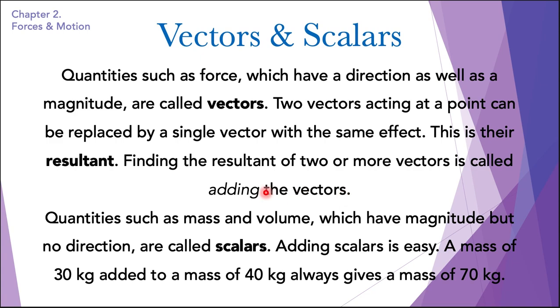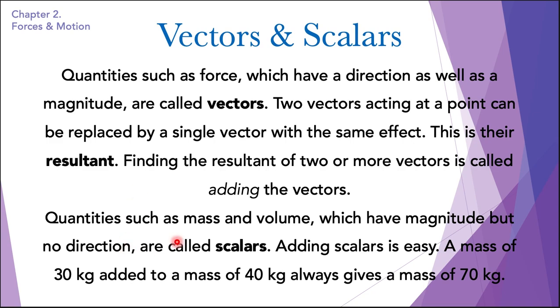Two vectors acting at one particular point can be replaced by a single vector with the same effect. This is basically their resultant force. So when we are finding the resultant force of two or more vectors, we call it adding the vectors.